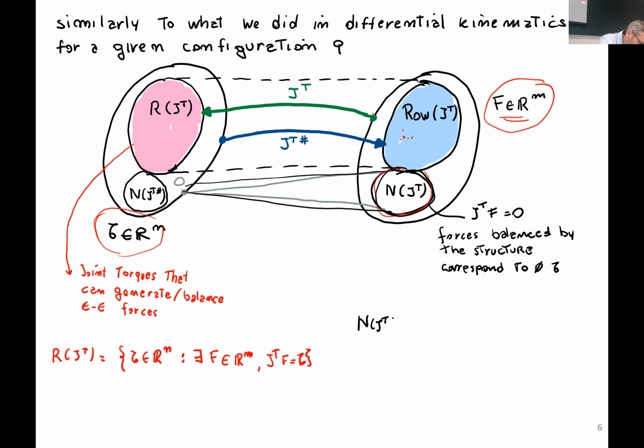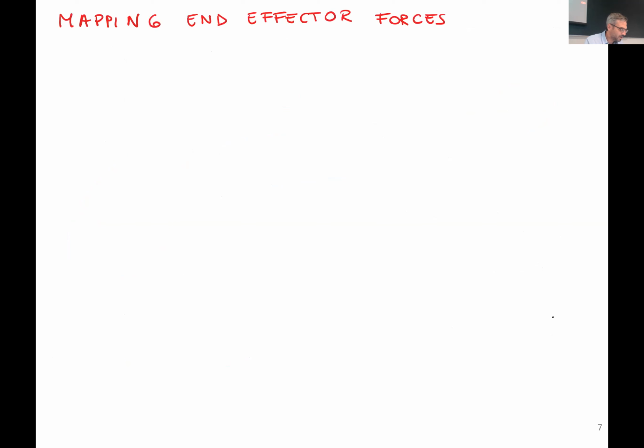So to define the null space of J transpose in a mathematical way, they are the Cartesian forces F such that J transpose F is equal to zero. Okay. Very good.